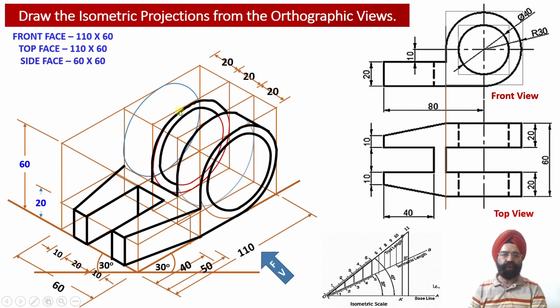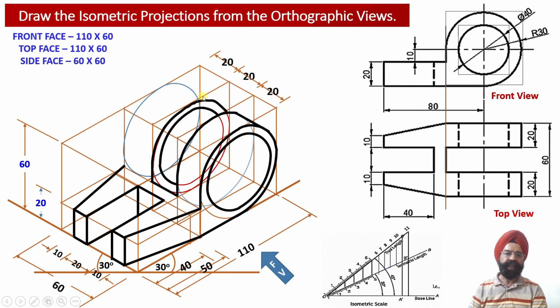So this is the outer cross section, this is the inner cross section, and again we can check this distance is equal to 20 millimeter. So this distance is also equal to 20 millimeter. This height is equal to 10 millimeter over here. Then again the width over here happens to be equal to 20 millimeter, and then the outer boundary will be visible.